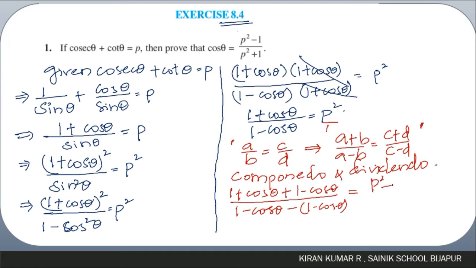Here p square should be added to 1, then 1 should be subtracted from p square. What do I get? You can see here cos theta will get cancelled, we'll be getting 2 divided by 1 will get cancelled, we'll be getting 2 times cos theta.